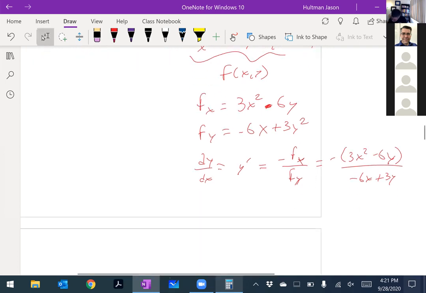If I bring the negative down and multiply through, this becomes 3x squared minus 6y over negative 3y squared plus 6x.